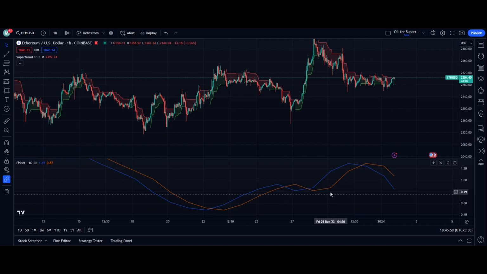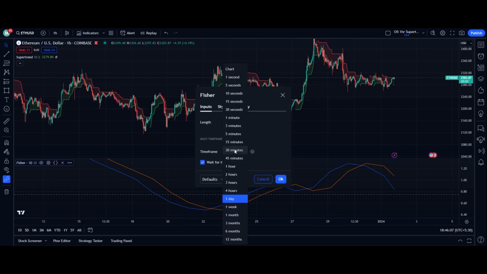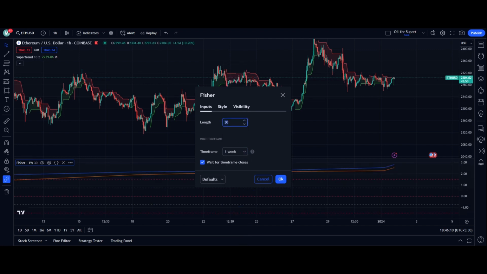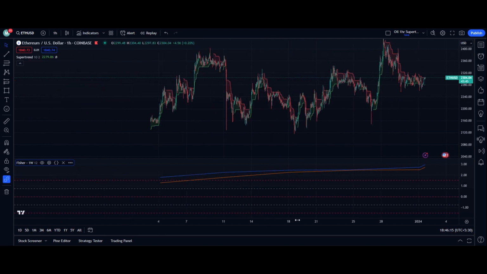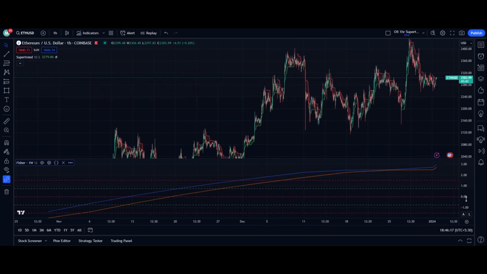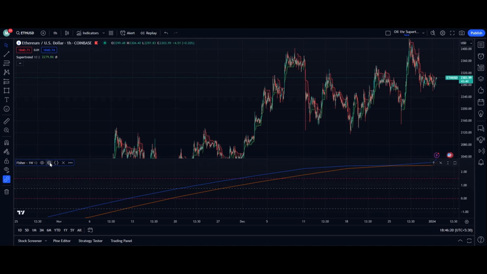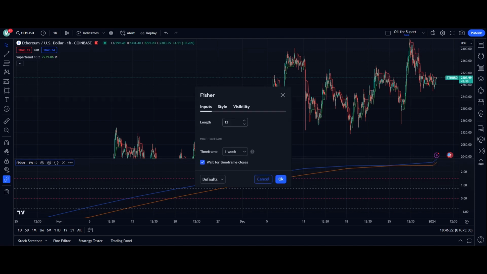In cases like this, we might need to make some adjustments also. Look at how the longer term Fisher is at the moment. As we can see, it's still quite bullish. This 1 week and 12 period means it's a 3 month period, which is a quarter of short price action, almost 2.5 months of price action.